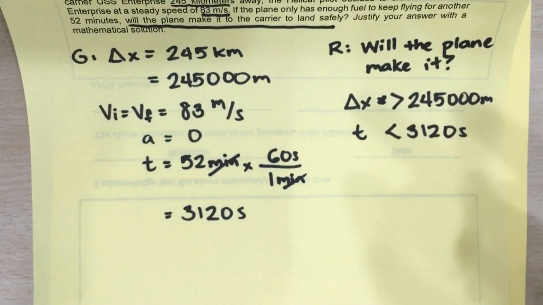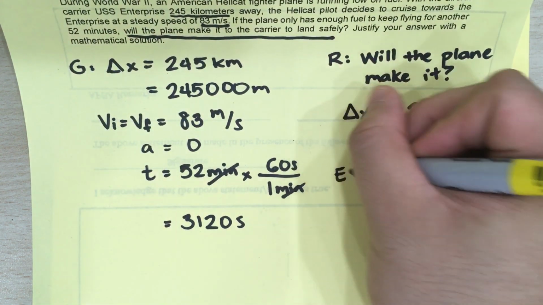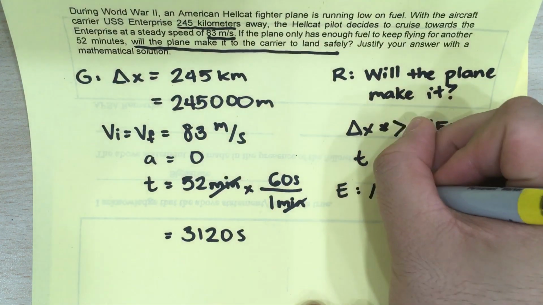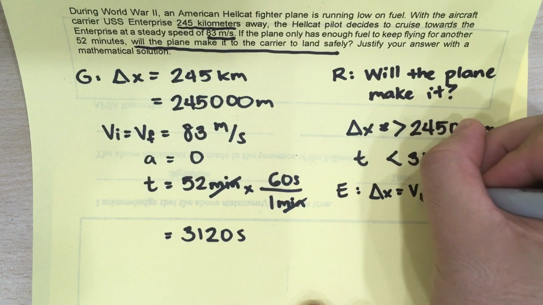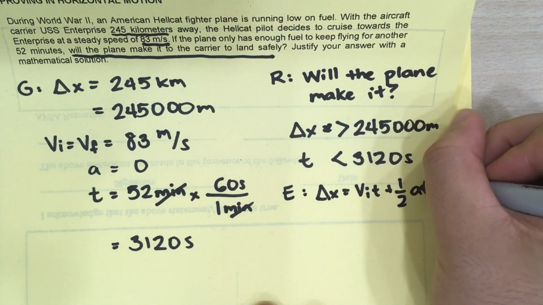So given that we're looking for delta x and we're trying to prove that it's greater than 245,000, what can we use? Well, actually we have two options here for equation. First, we can use delta x is equal to VIT plus 1/2 AT squared.